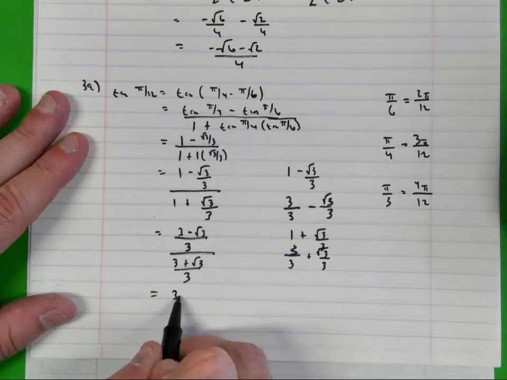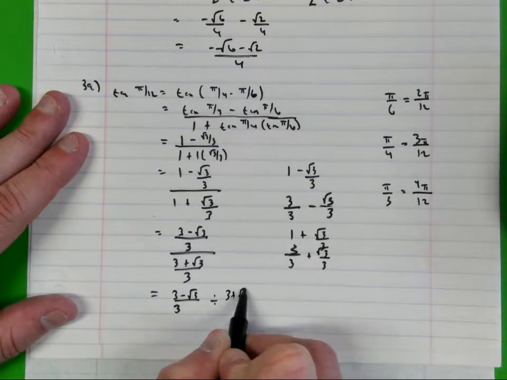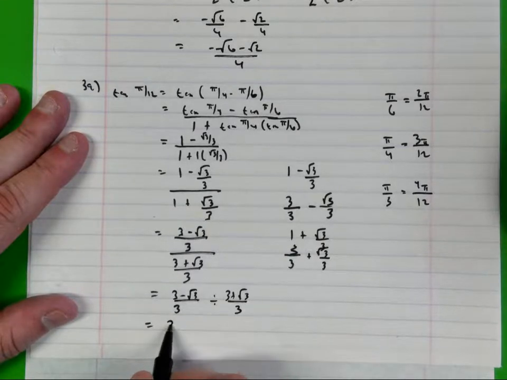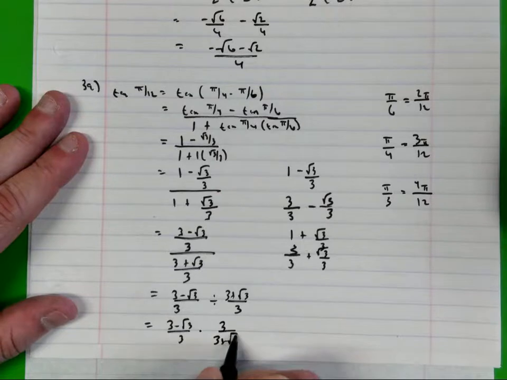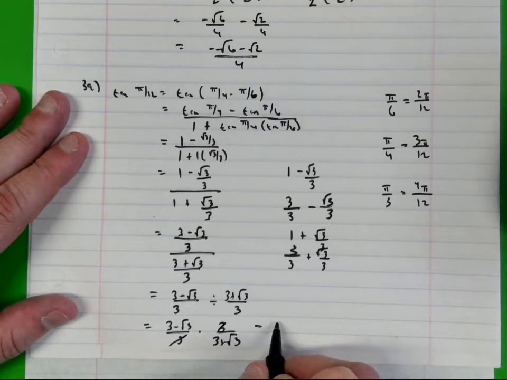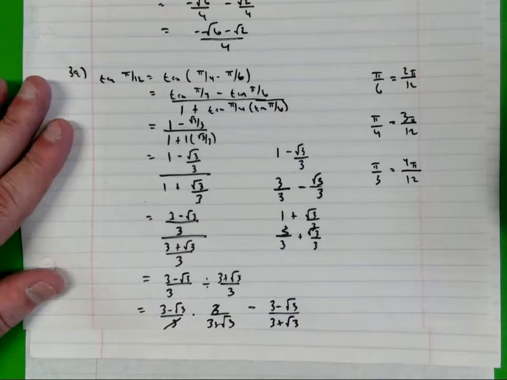Now I'm going to write this out. I'm left with 3 minus square root of 3 over 3 plus square root of 3.